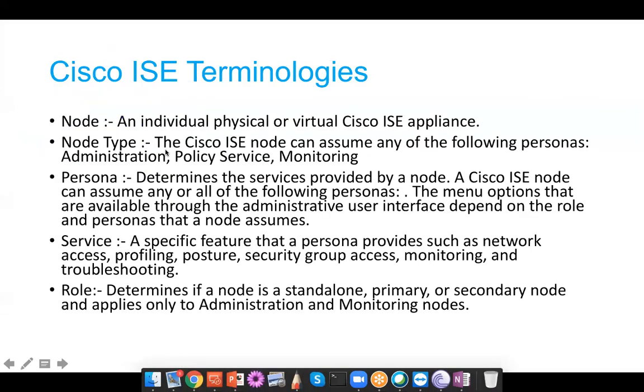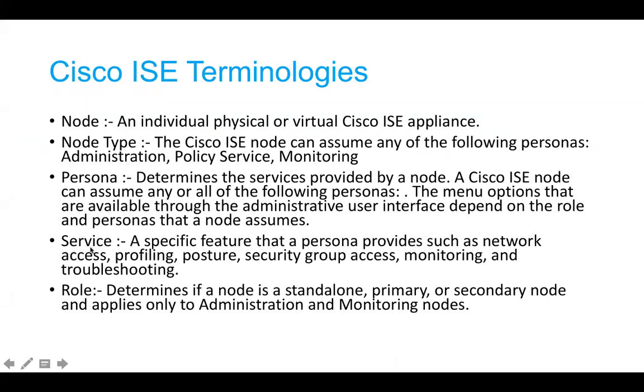That is basically called the services. What are personas and what are services? There are 3 types of personas: administration, PSN, and monitoring. Administration gives you upgrade, authentication policy, authorization policy, NTP, LDAP, patching, backup, restore, scheduler; all are administrative things.